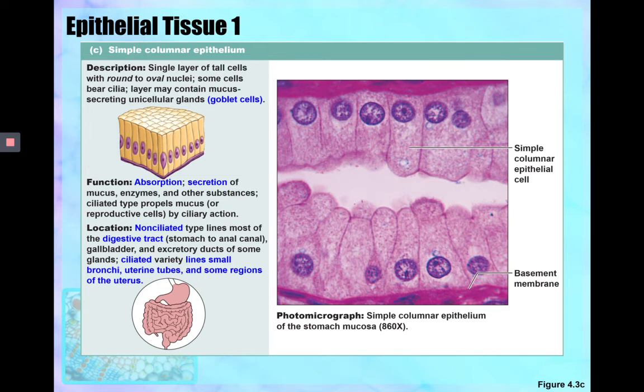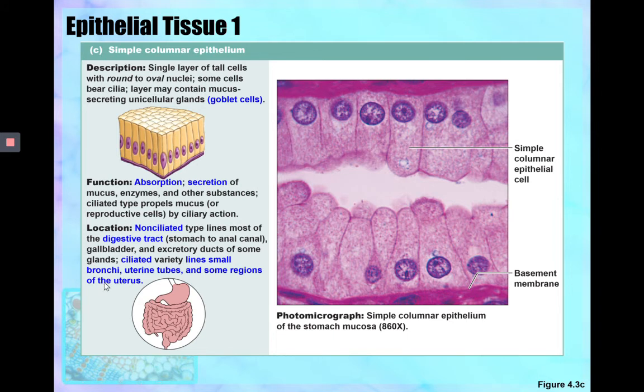You'd find simple columnar epithelium in certain areas of the digestive tract, such as the stomach all the way to the anal canal. Some of it's in the gallbladder, some of it's in ducts, some of it's going to be a ciliated variety, or it would have cilia on its apical surface, and it would be able to move things upwards, for example, towards the mouth if it was in the bronchi.